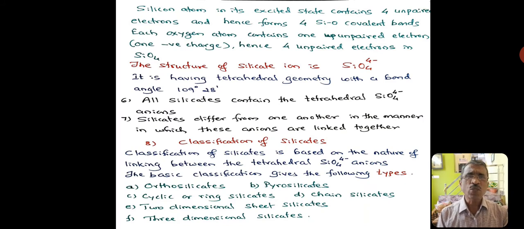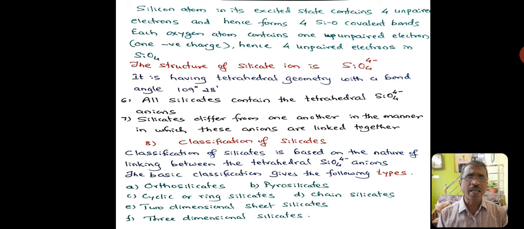This results in the structure of silicate as tetrahedral geometry with a bond angle 109 degrees 28 minutes. Silicates differ from one another in the manner in which these anions are linked together.